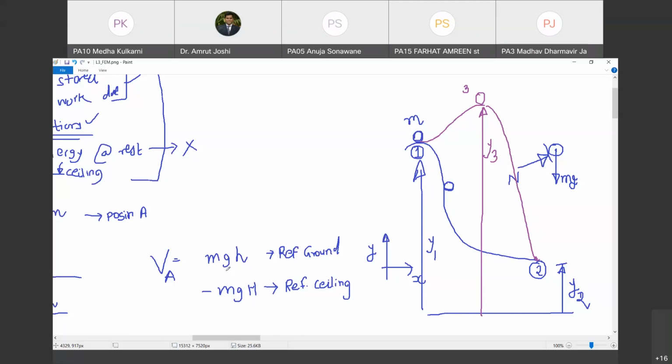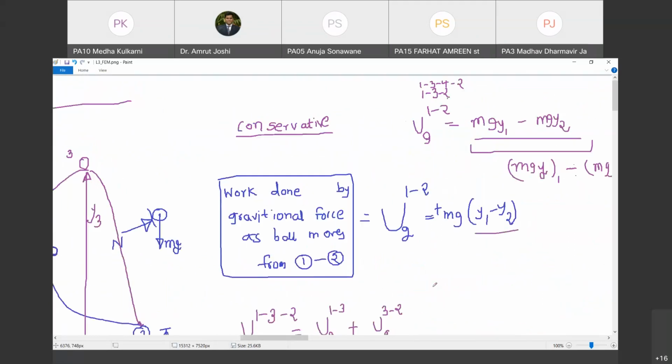We have to find out the work done as the body moves from 1 to 2 by a particular force. ये purpose है. If that force is conservative, I can write down this work done as a subtraction of potential energies. Are you with me? So therefore, when I say potential energy, I have to specify for which force I am writing that.